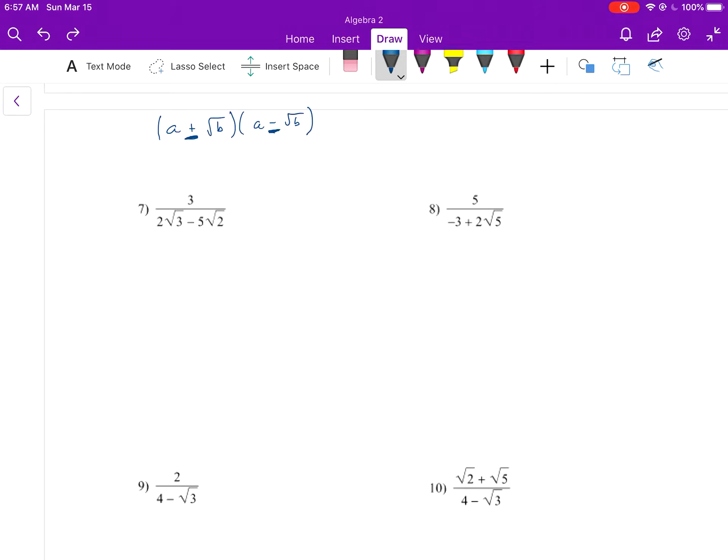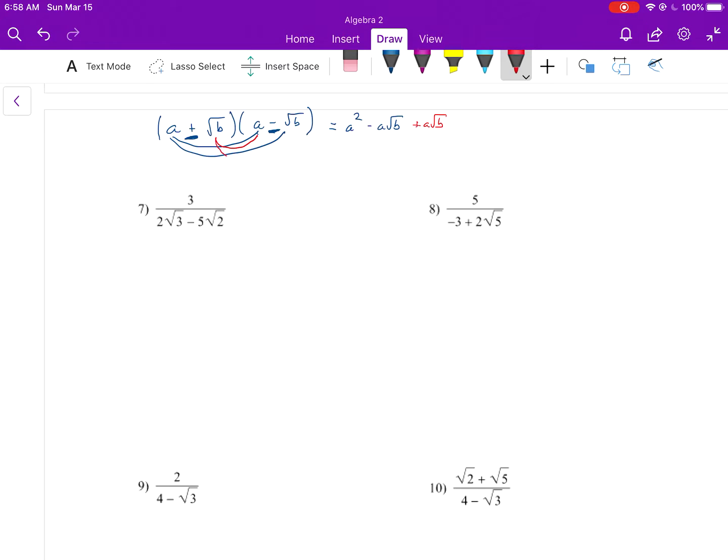If you multiply those together, I'll show the multiplication, although some of you are going to recognize this as something that we did before, but we have a times a is a squared. A times negative root b is negative a root b. Root b times a is a root b.